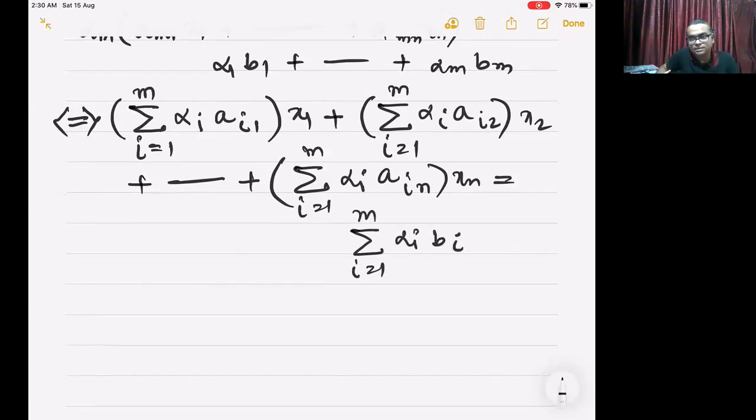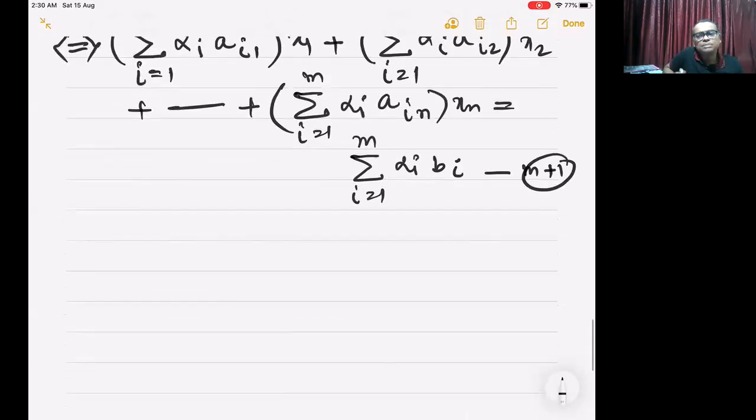That's it. This is my equation m plus 1. So I have formed a new equation m plus 1 by looking at this linear combination.